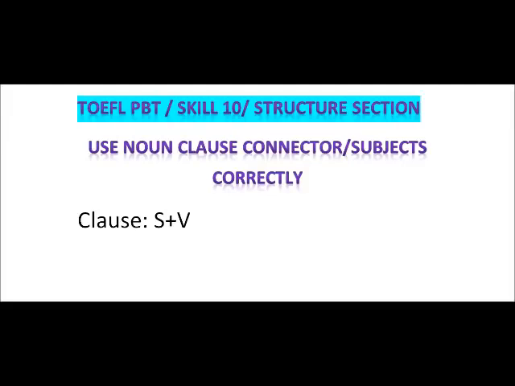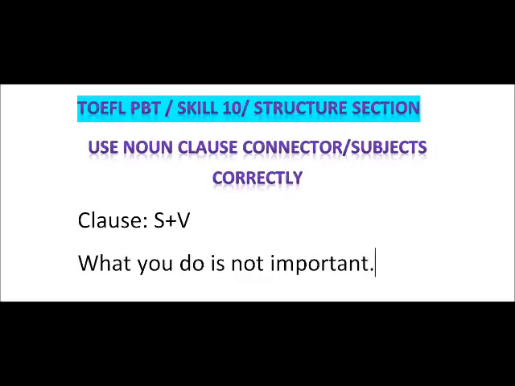Take this example: What you do is not important. How do we analyze this sentence? We say that what you do is a noun clause that is used as a subject.